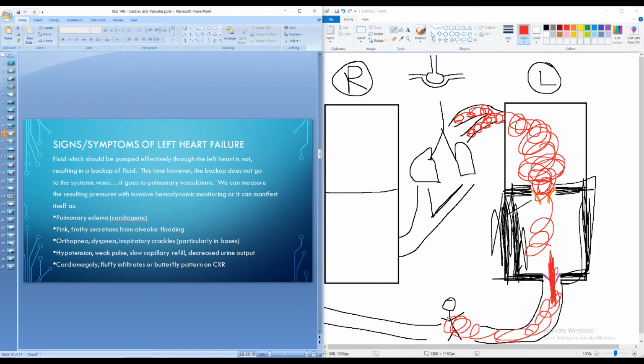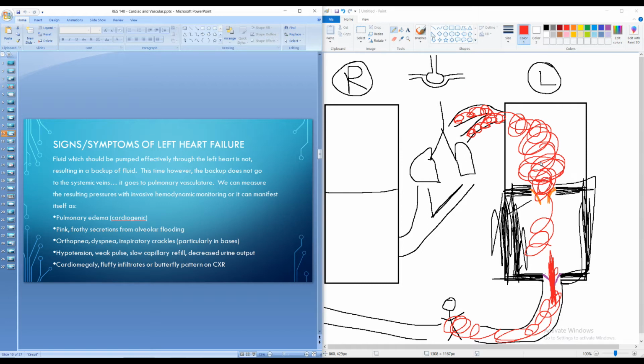Even if it failed due to hypertension out here in the systemic arteries, at the end of the day, this heart failed, that fluid is backing up into the lungs, so it is cardiogenic. That pulmonary edema is the result of this heart failing. So that might clarify, if you had any lingering questions about our pulmonary edemas, exactly why cardiogenic pulmonary edema is what it is.